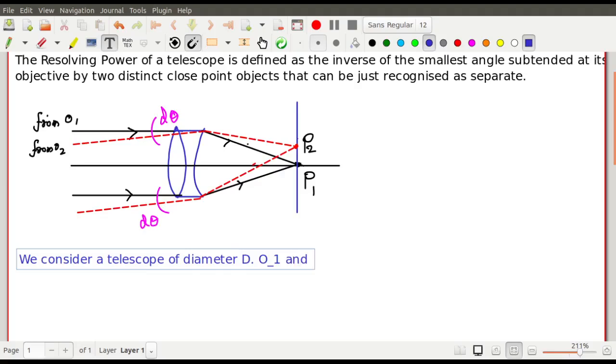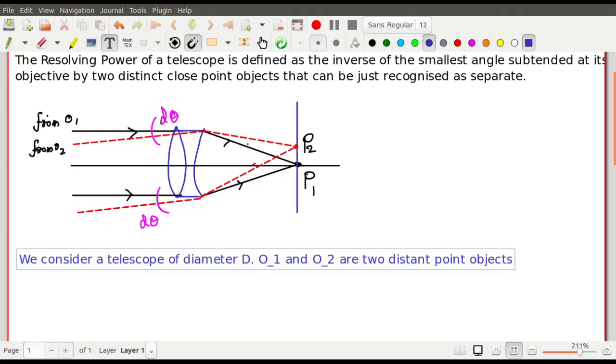O1 and O2 are two distant point objects, because from a large distance they appear to be points. You see that when we look at the stars, they appear to be points only to us.